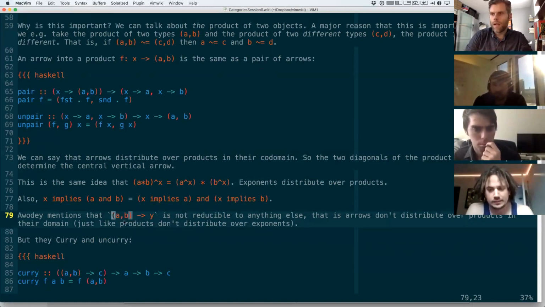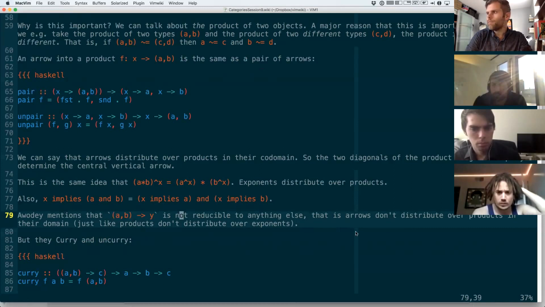It allows us to have a notion of arrows that take two arguments and to compose with them, because we can construct products, and then now we can compose with arrows like this. So arrows do not distribute over products in their domain, just like products don't distribute over exponents.